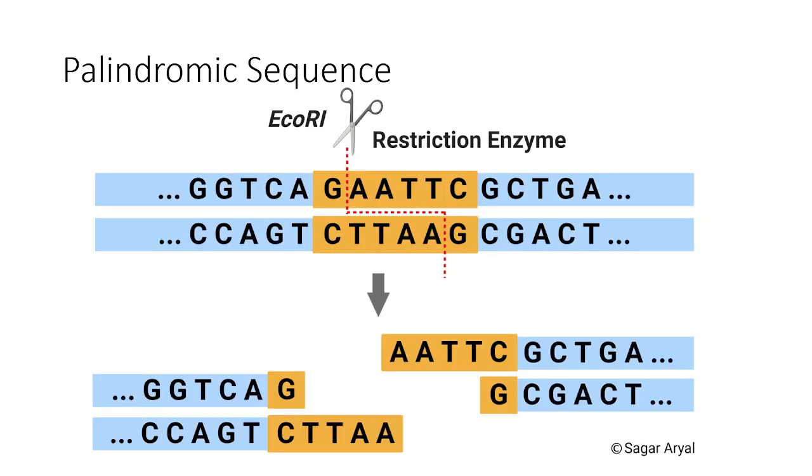Now, it's important to know that the enzymes that produce sticky ends usually follow the palindrome sequence. There are palindrome sequences in the DNA which are identified by these restriction enzymes, and they cut the DNA to produce these overhangs. These two pieces can rejoin at a later date, and that's why it's called sticky ends.